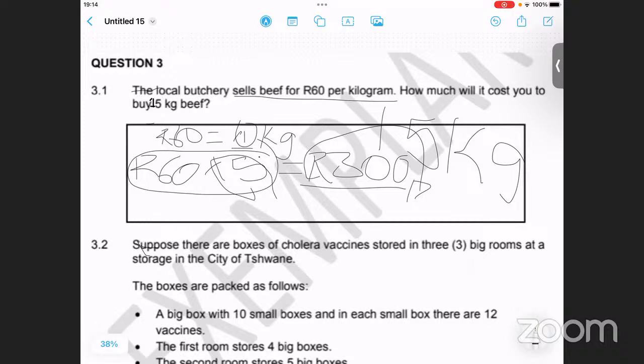Is it going to be 12 rand for 15 kg of beef? I said it's 60 divided by 5 and I got 12. Okay, I don't think you understood what we did here, so I'm going to wipe it and restart, okay?